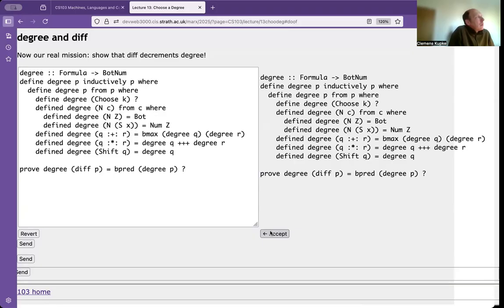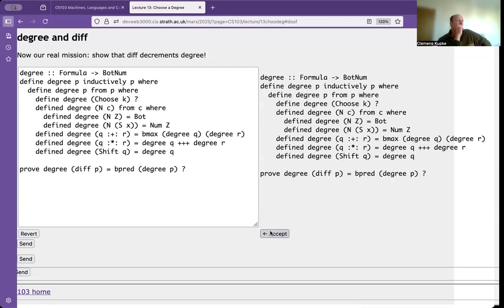Next trick. What do you think the degree of choose K is? Let's have a little think about it. Remember, there's one way to choose zero things. So choose zero is the constant function returning one.